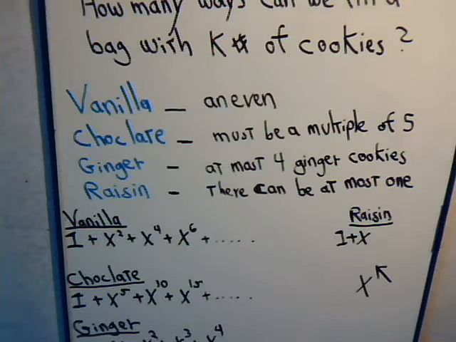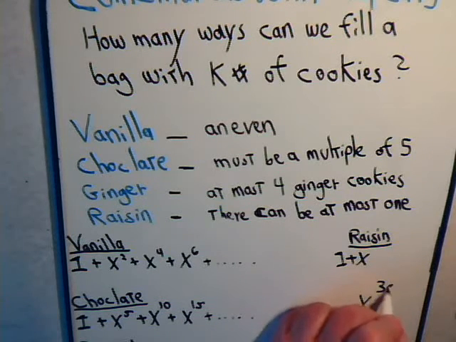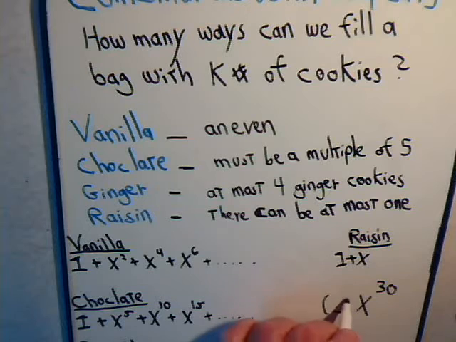Or if we were saying, how many ways could we fill a bag with, say, 30 cookies, then we would be asking ourselves, once you multiply all these generating functions together, what would be the coefficient of x to the 30th? Here we're going to leave it open-ended and just say x to the k.